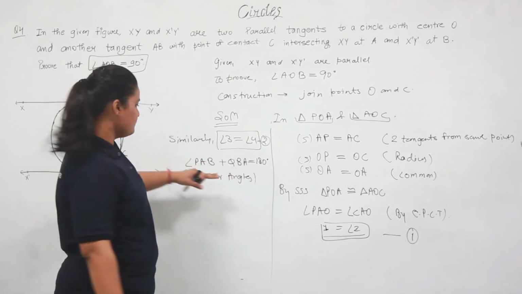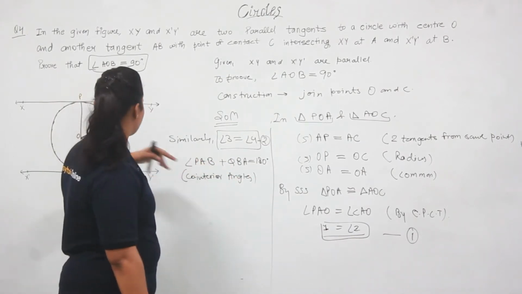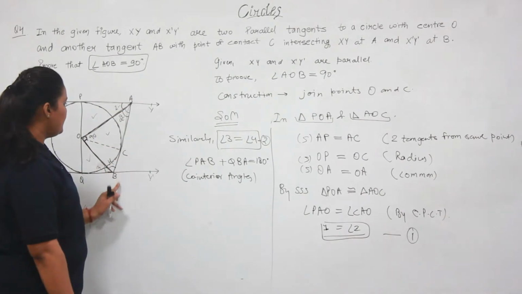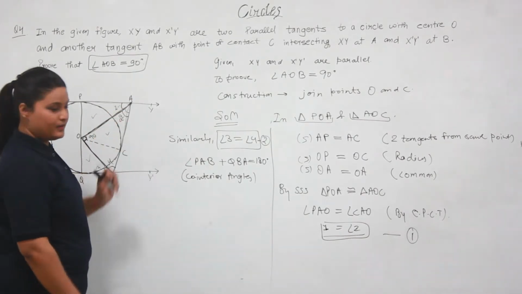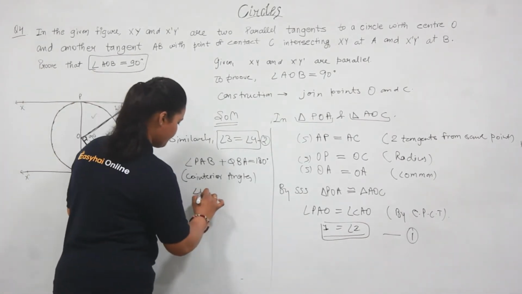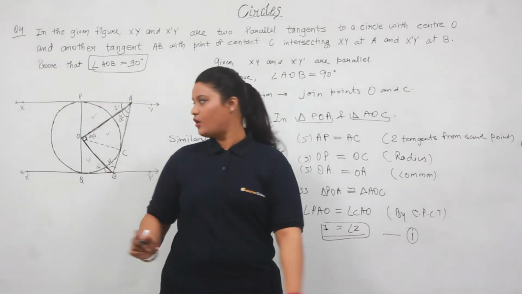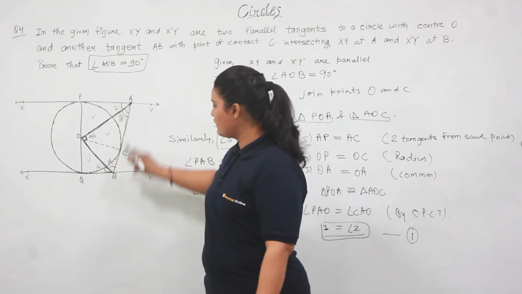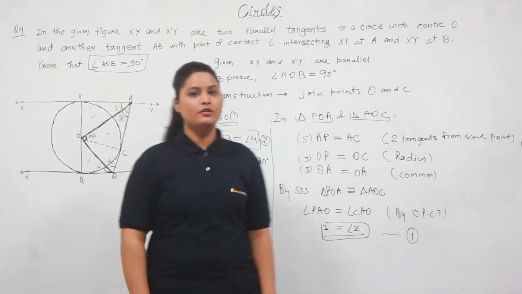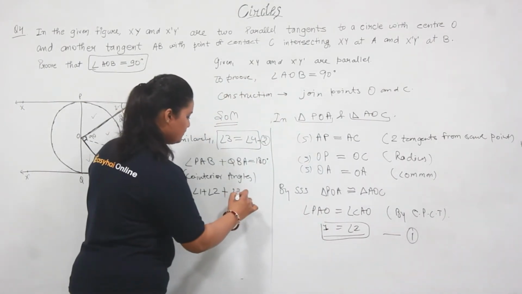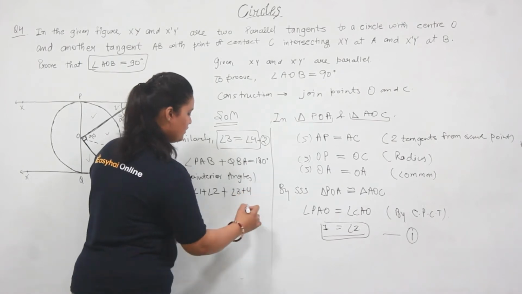Clear? Now angle PAB is what? Angle PAB is angle 1 plus angle 2, and angle QBA is what? Angle QBA is angle 3 plus angle 4, correct?